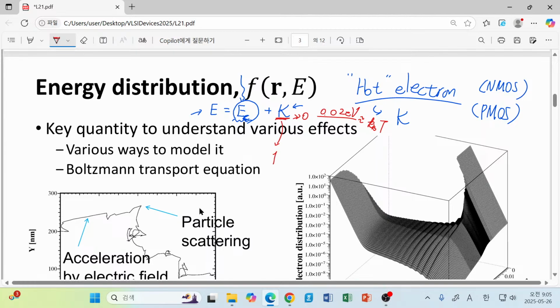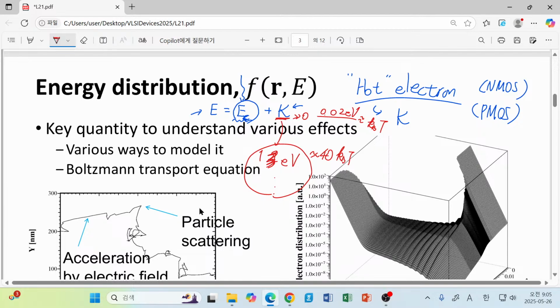If this kinetic energy is on the order of 1 eV, 2 eV, 3 eV, and so on, then for example 1 eV corresponds to 40 times our kBT.